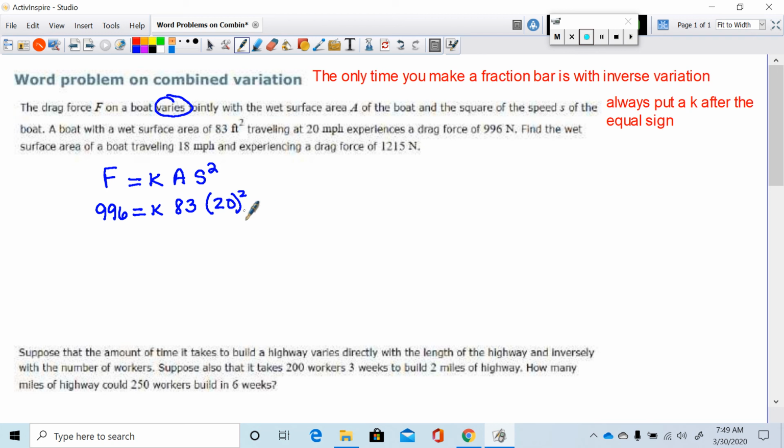Now 20 squared is 400. So I'm going to have 996 equals 83 times 400 is 33,200 k. And then divide both sides by 33,200 so that k is by itself.